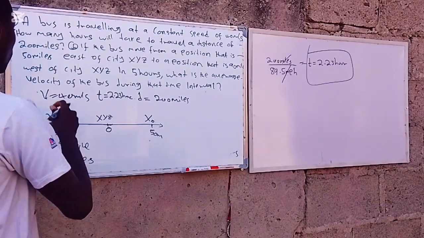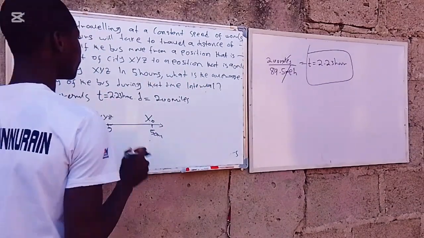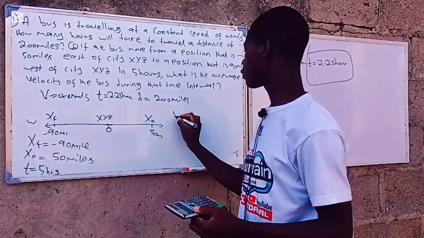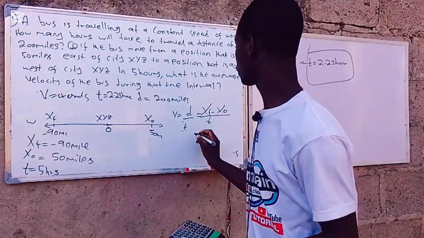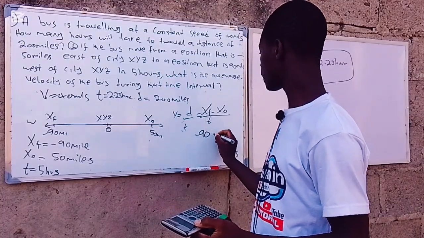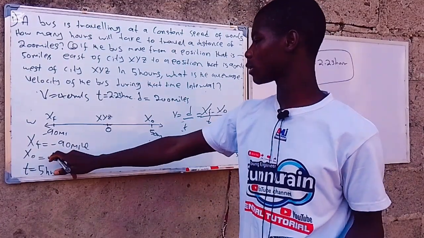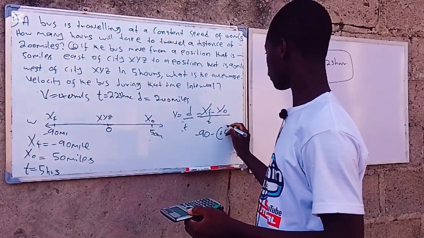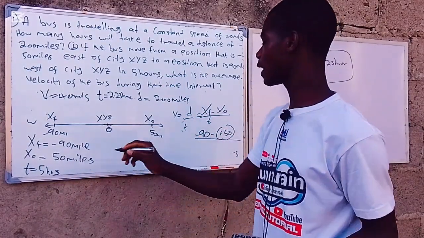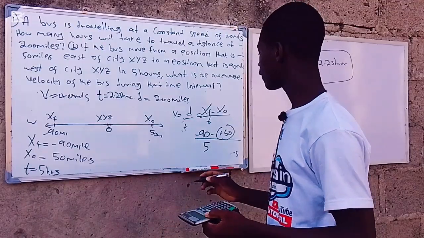So therefore I'm looking for the average velocity. The average velocity should be the final minus the initial, over time. So this should now be minus 90 minus positive 50 miles, divided by the 5 hours.